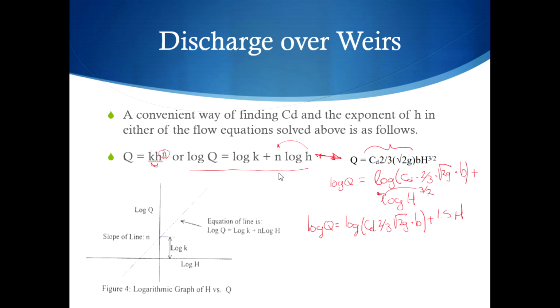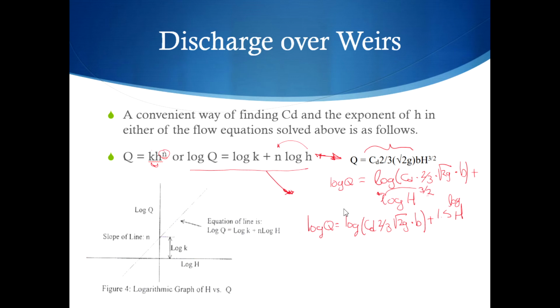You can see these two equations are extremely similar. In this case, we have our log Q, our log of this term will be K, and n will be 1.5, and then log of h. Then we will have this equation the same way as this equation.